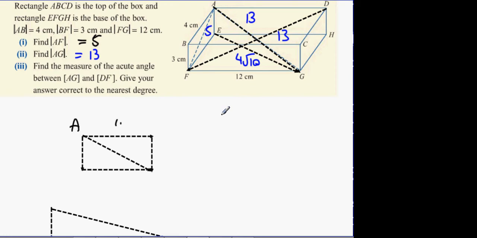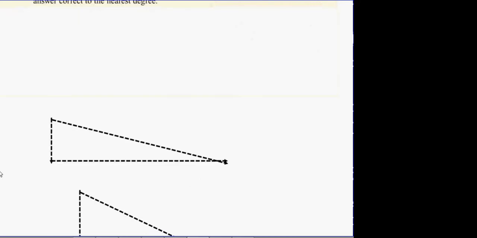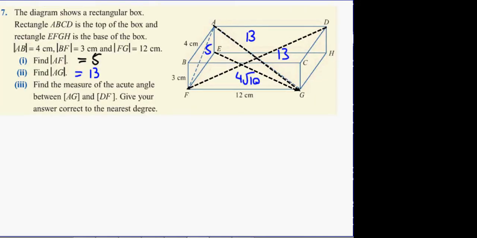We might actually try the cosine rule for this one, and we might half 13, because the diagonals should cross at the halfway point and be cut in half. We're looking to zoom in on this angle here.